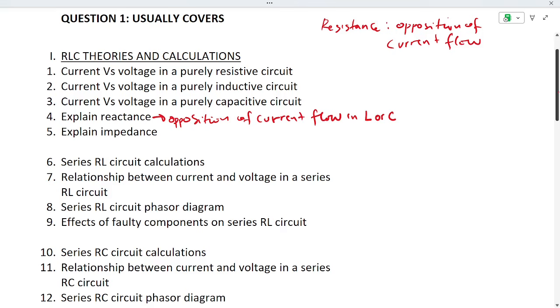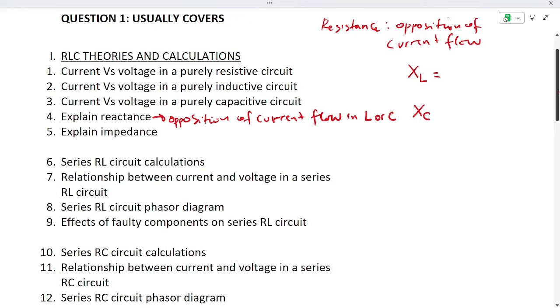When the reactance is happening in an inductive circuit, it is referred to as inductive reactance, XL. When reactance is happening in a capacitive circuit, it is referred to as capacitive reactance, XC.